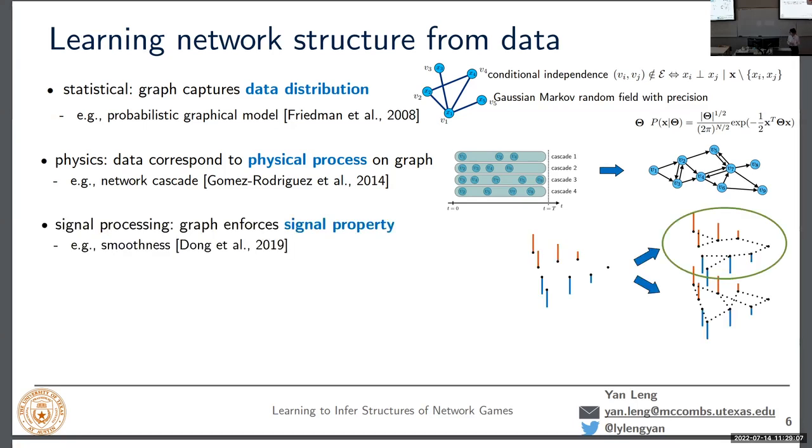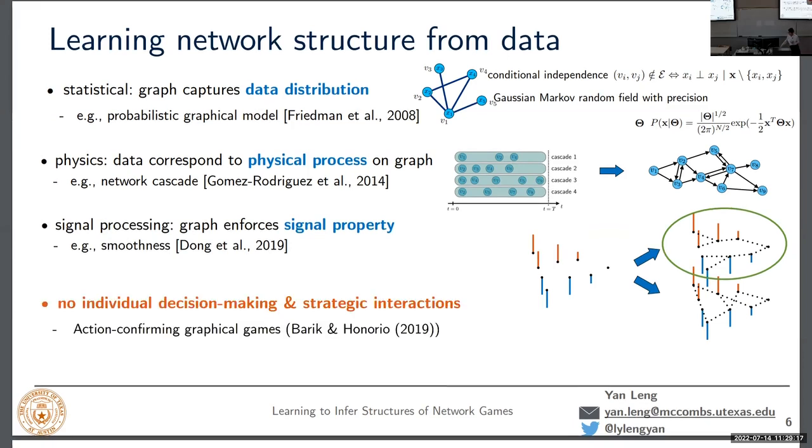Usually they assume that the graph enforces some signal properties such as smoothness and use that to infer the network. The difference between our study and this literature is that we want to add in strategic decision making of individuals, such that we can make network interventions based on the network and the utility function that we learn.